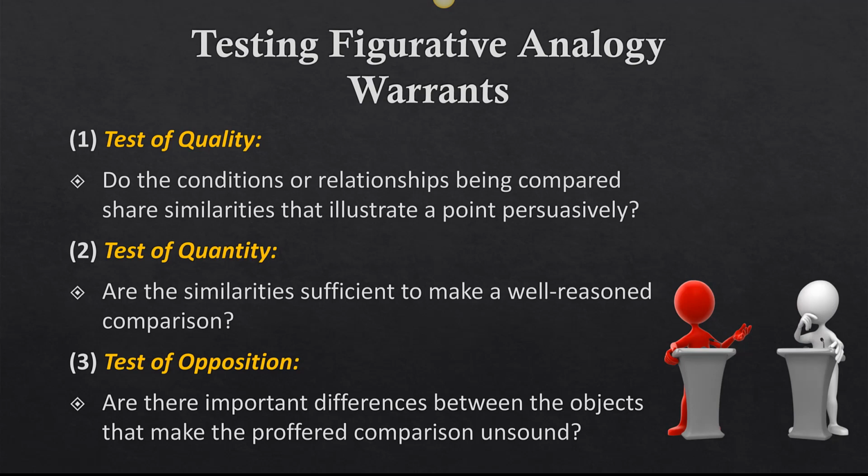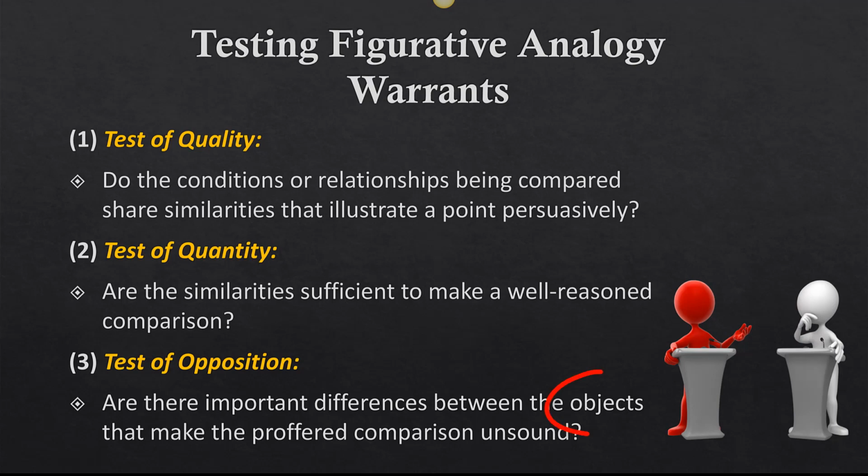We are not comparing the objects because the objects exist in different classes. But what we're comparing are the relationships or other conditions in this contrast between very different things to see whether or not they're sufficiently similar to make a point that, from the audience's standpoint, are premises that seem to make reasonable sense.